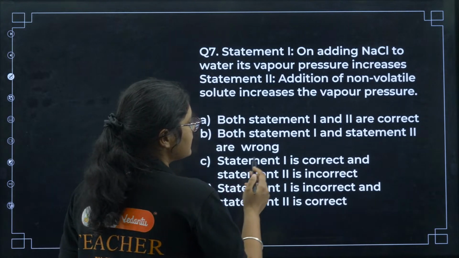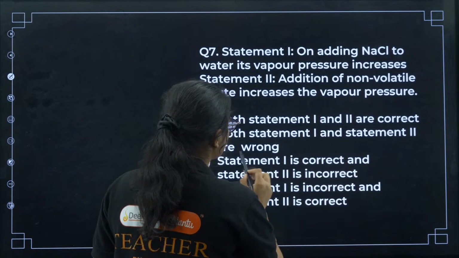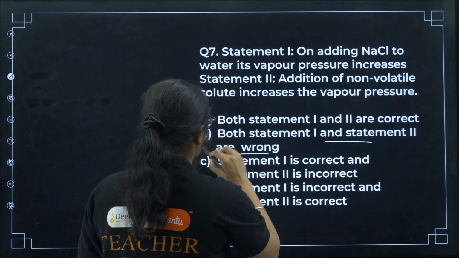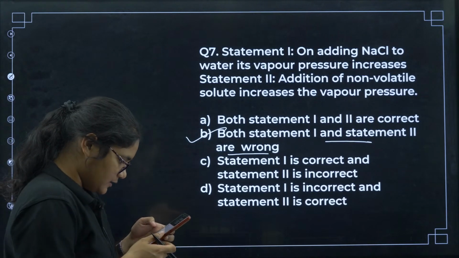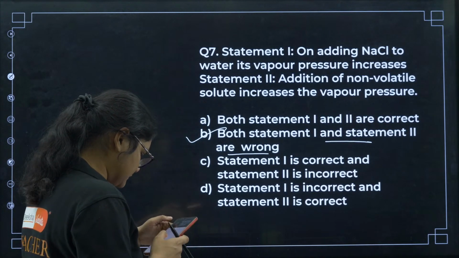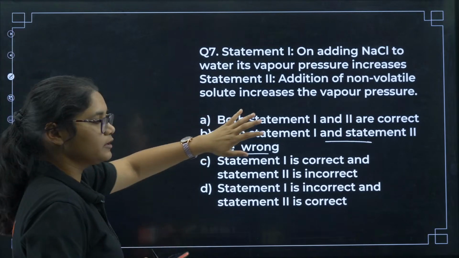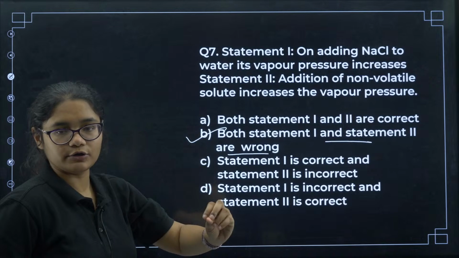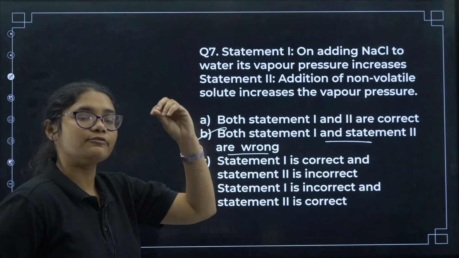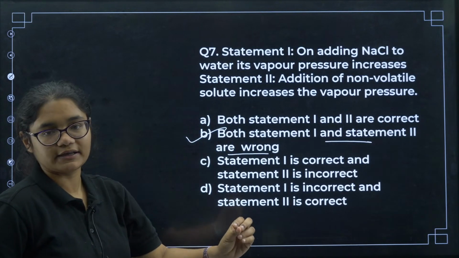Both statements 1 and 2 are wrong, so the correct answer is option number B. Whenever you add solute, the vapor pressure will decrease. If you add any solute, boiling point will increase. If you add any solute, freezing point will decrease.